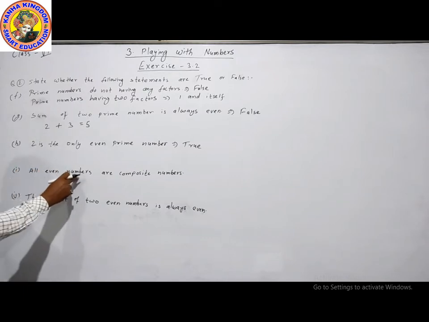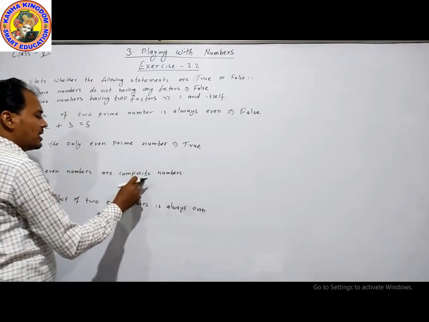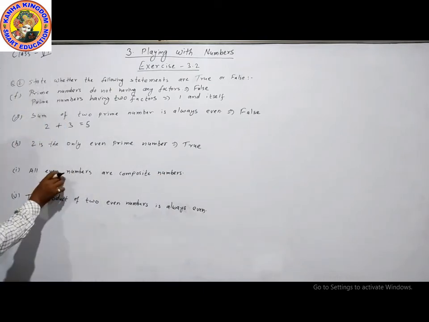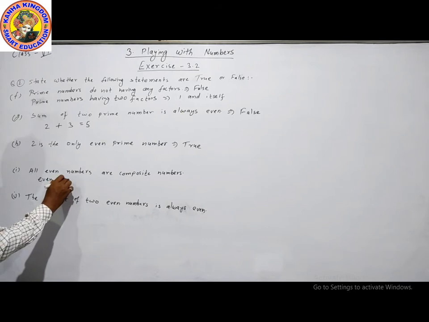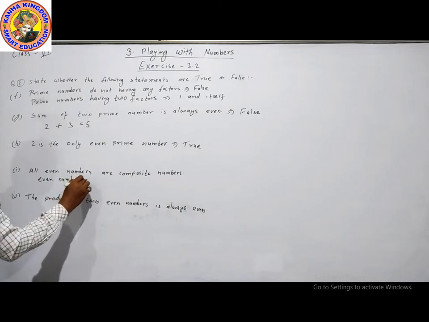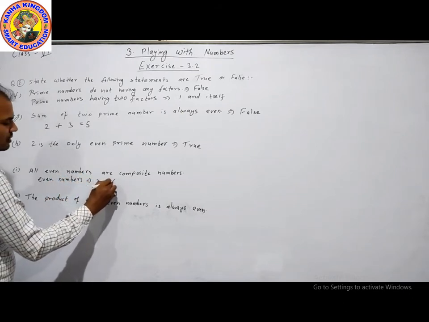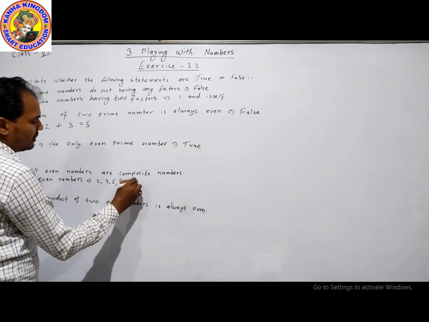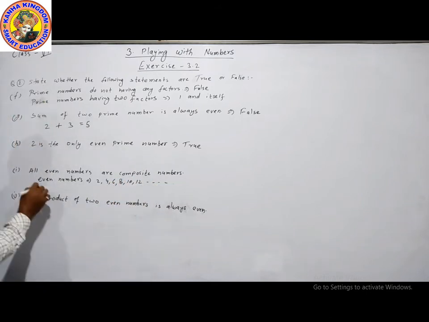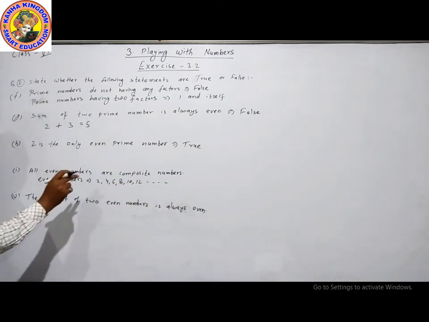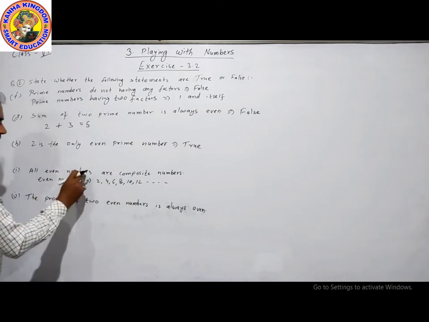All even numbers are composite numbers. Even numbers are those which can be divided by 2: 2, 4, 6, 8, 10, 12 and many more. Now, all even numbers are composite?